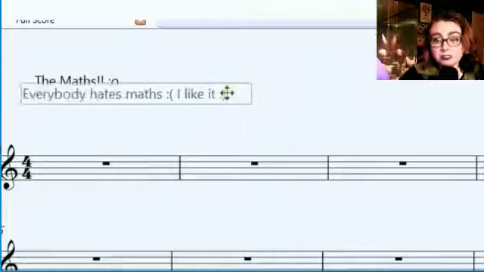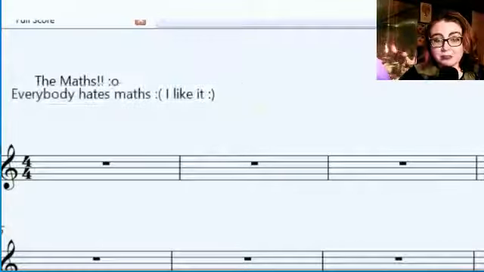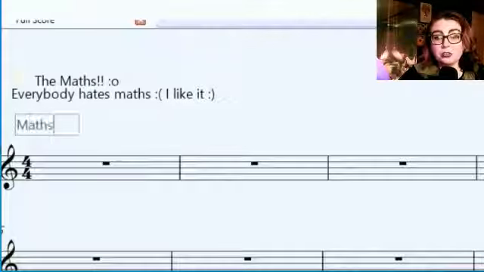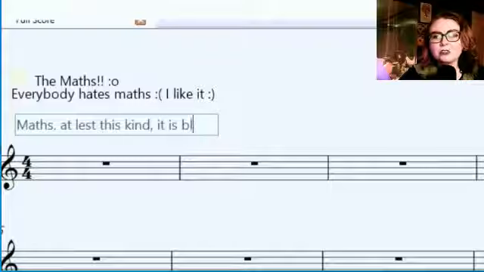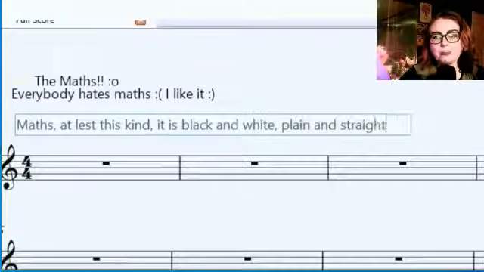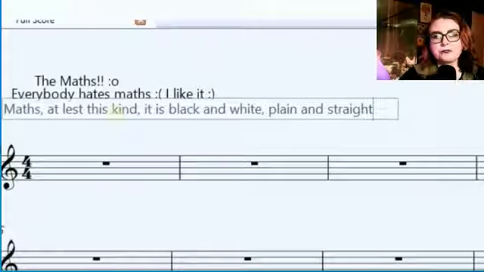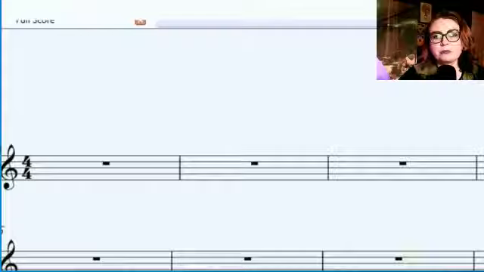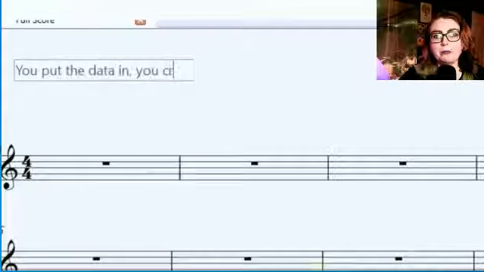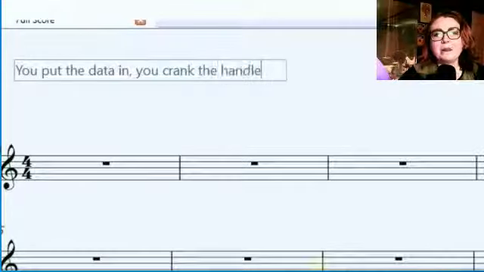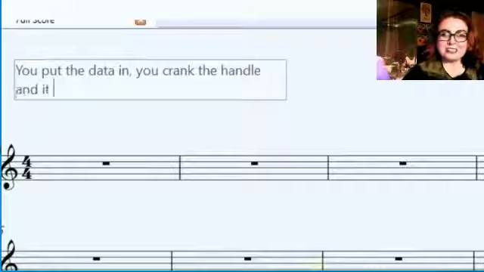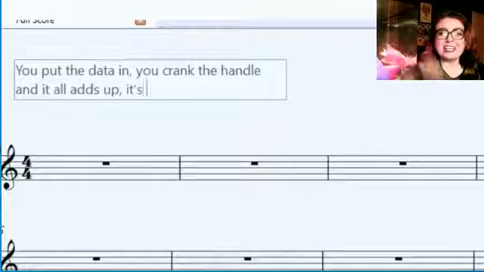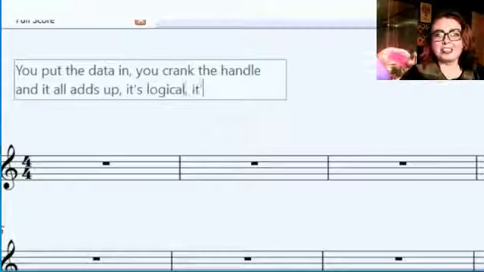Maths is brilliant. It's logical, it just makes the world make sense. It's the language of the universe, maths. Pop, pop, pop. You put the data in and you crank the handle and it all adds up.